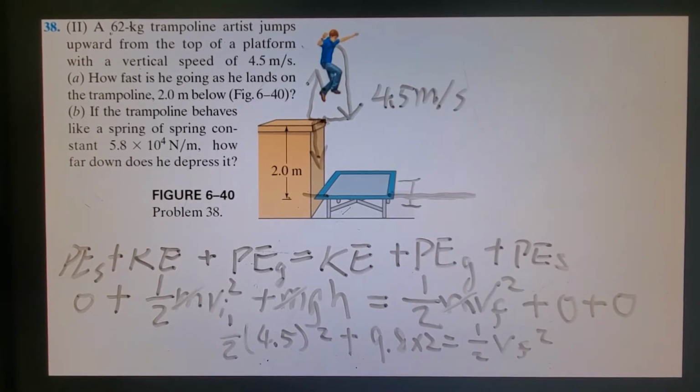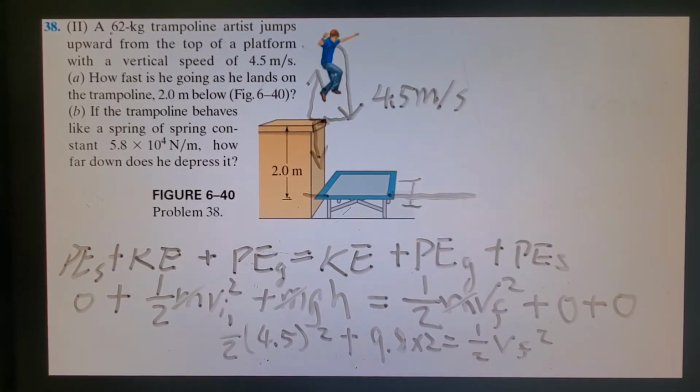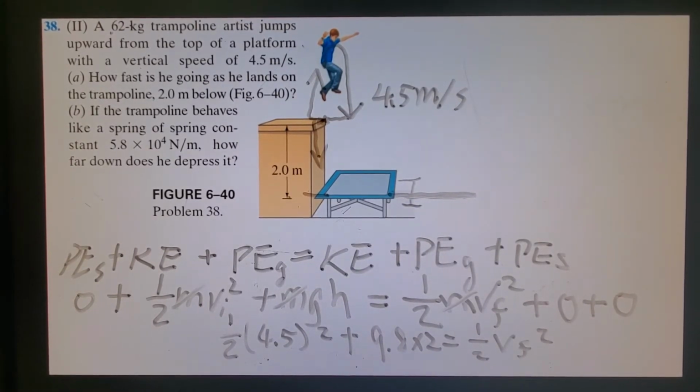On the left side, it is 4.5 squared divided by 2, and then plus 9.8 times 2.